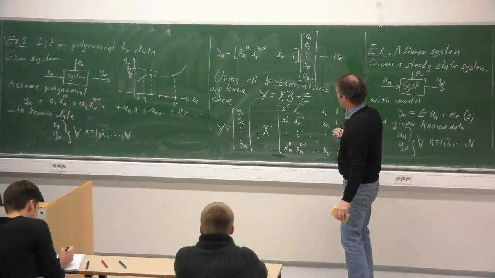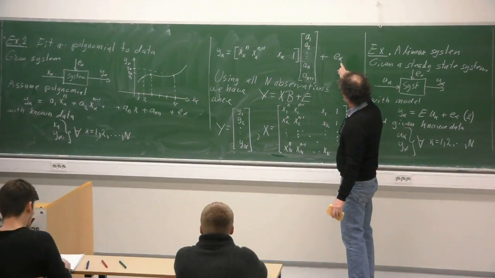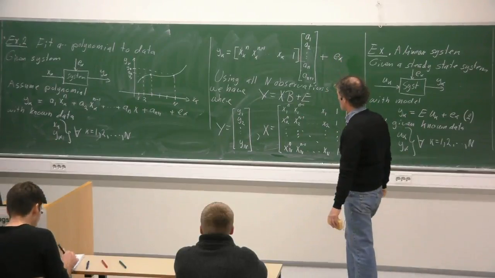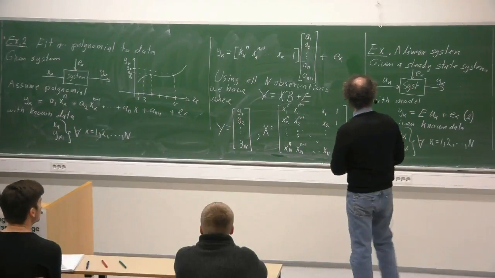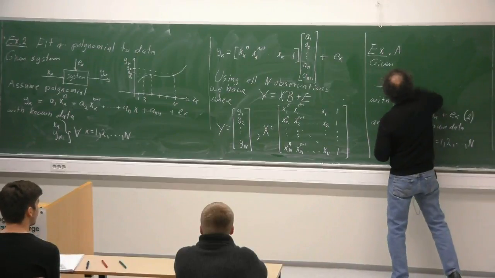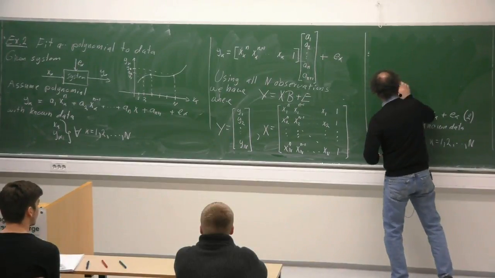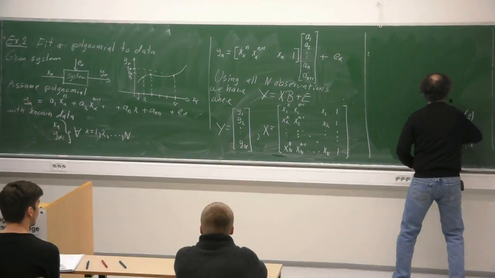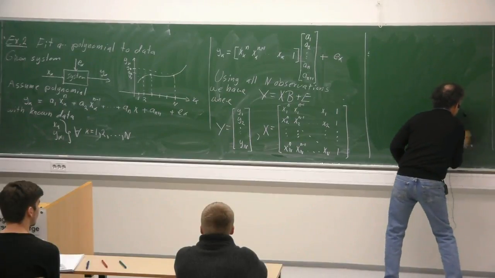And then the matrix E with errors is simply taken from it. The problem now is to find the unknown parameters. That is the least squares problem, the least squares regression problem.